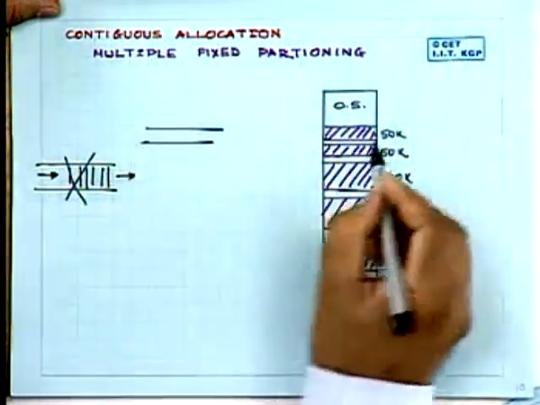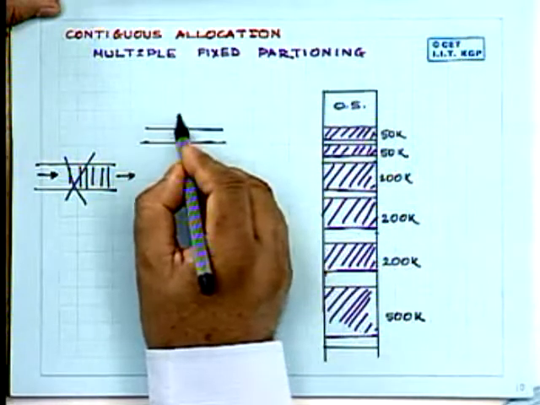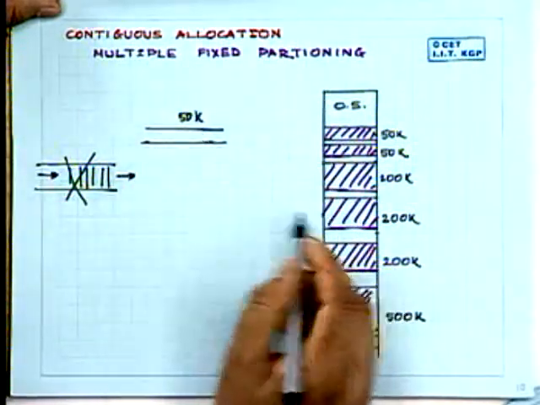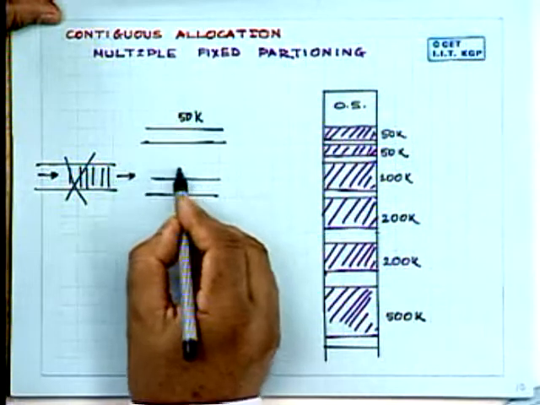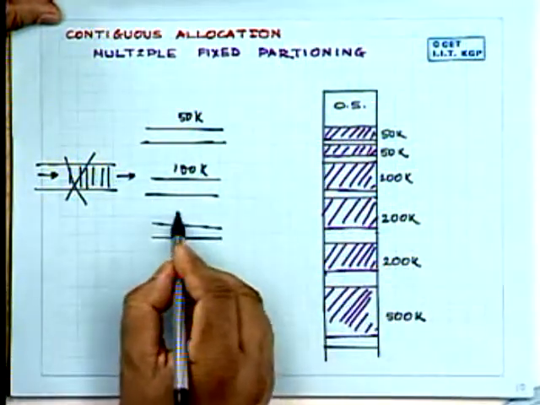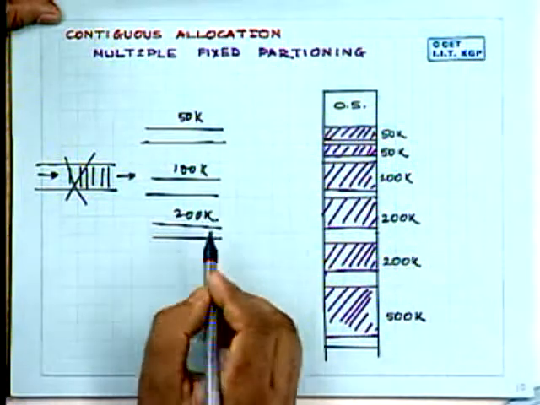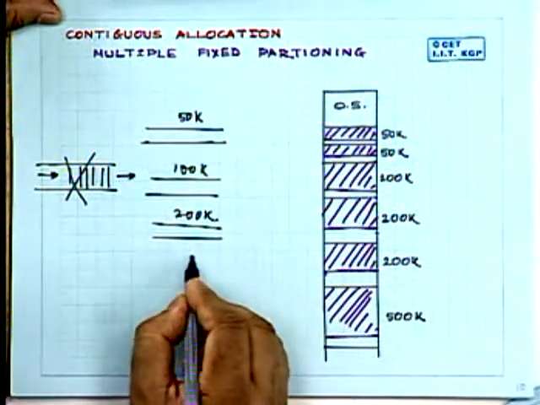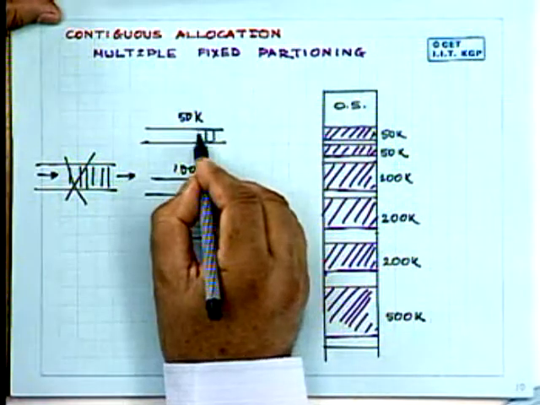Either a single queue can be kept, or instead of a single queue, we can keep queues depending upon the sizes. That means one queue for 50K size, one queue for say 100K size, one queue for 200K size, and so on.